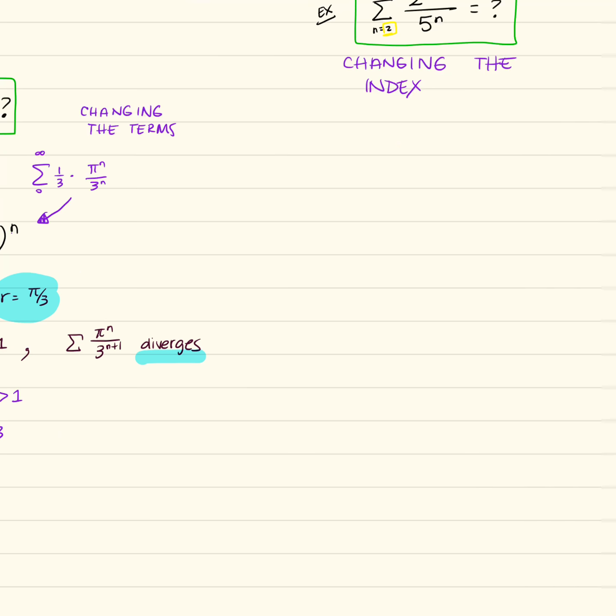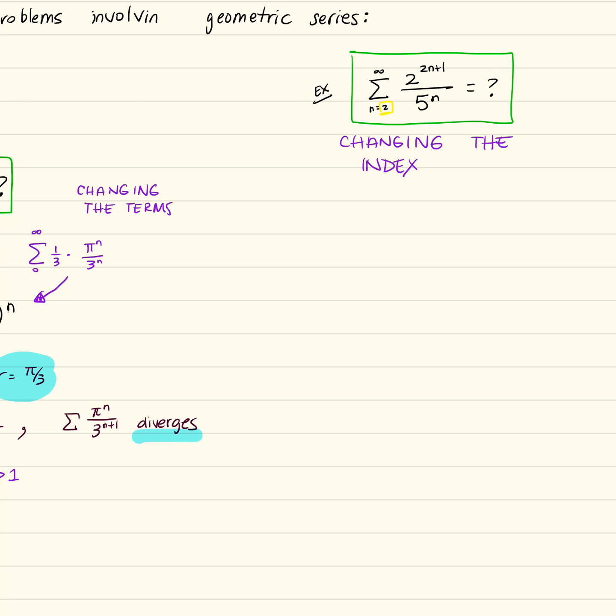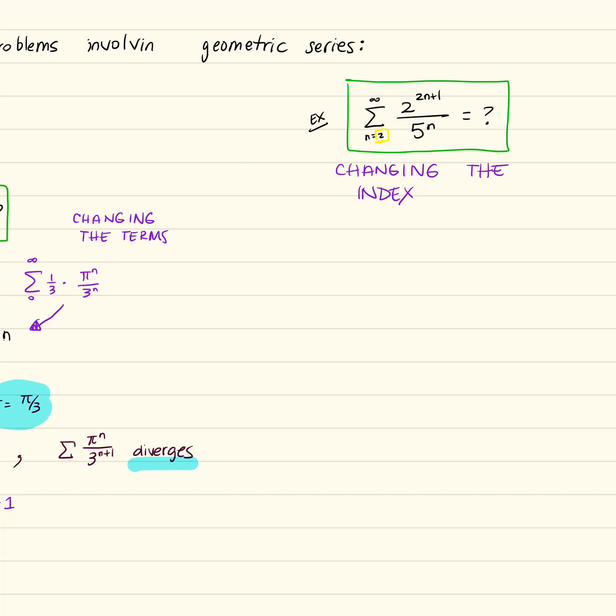So how do we change the index? Well, first thing we're going to do, actually we're going to change the index and we're going to change the terms. So the first thing I'm going to do is I'm going to write here, so I'm starting at 2. 2 to the 2n plus 1 over 5 to the n.